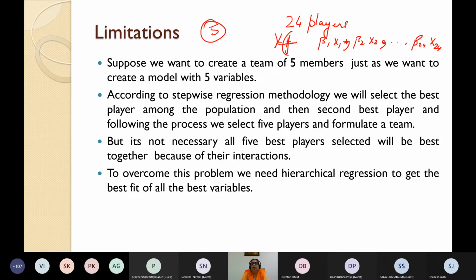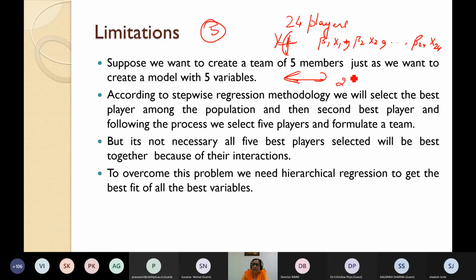If we make use of the stepwise regression method, we will select the best player among the population, the second best player, then the third best player, and we follow this process to select the 5 players and formulate a team. But in this case, you are not considering the interrelationship between the players.